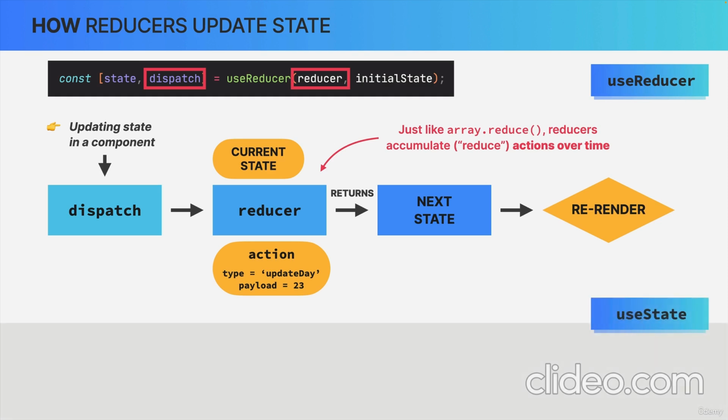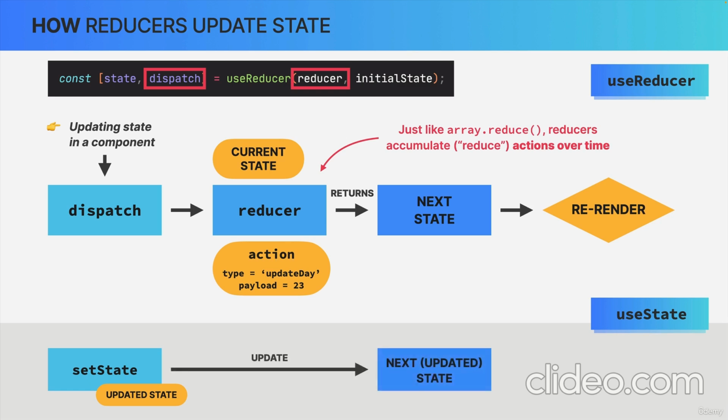So when we use useState, we get back a setter function, and let's just call it setState. And then, when we want to update state, we just pass the new updated state value that we want, and React will simply update the state, which in turn will trigger the re-render. So it's a lot simpler and more straightforward than useReducer.